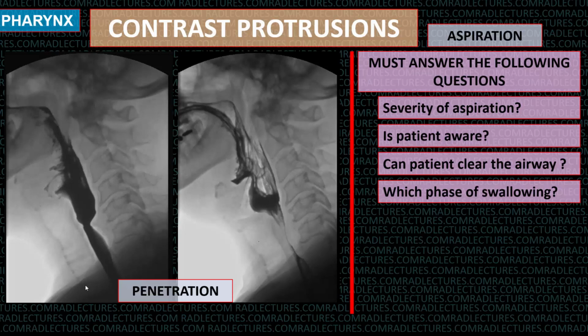Because the cause of aspiration decides when the aspiration occurs. I'm not going to go into detail of that, but you should know that the cause of aspiration can be determined to some extent by deciding which phase of the swallowing it occurs in.